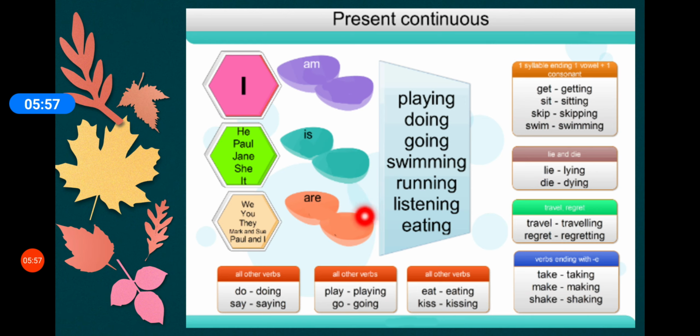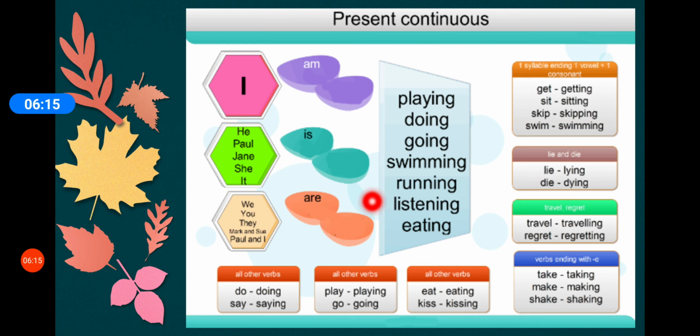Like we are eating. You are playing. They are swimming. Right? So, that is about is, am and are.